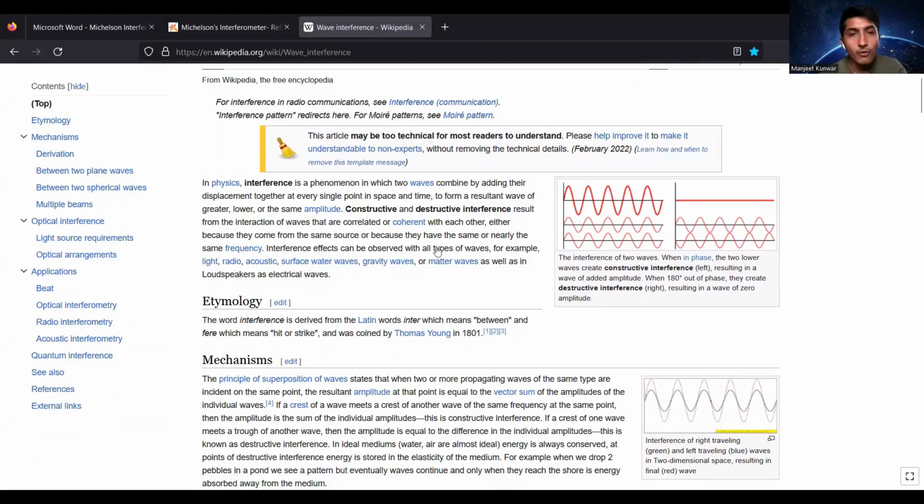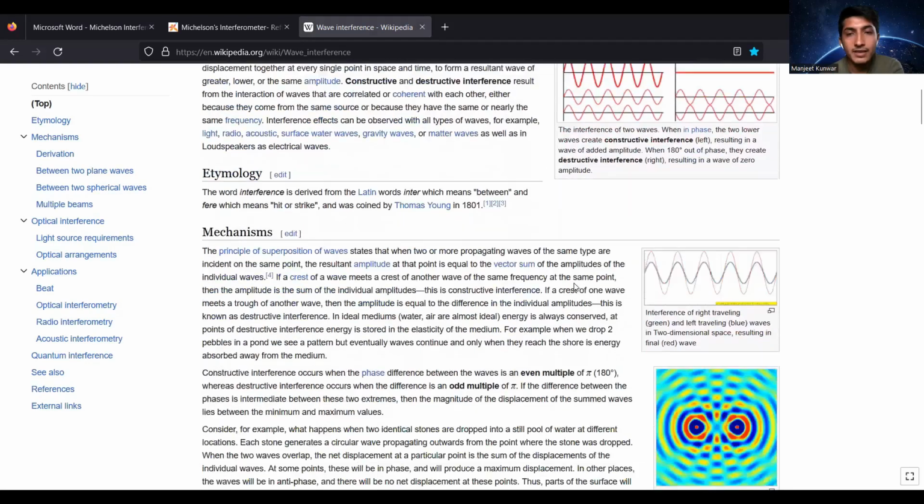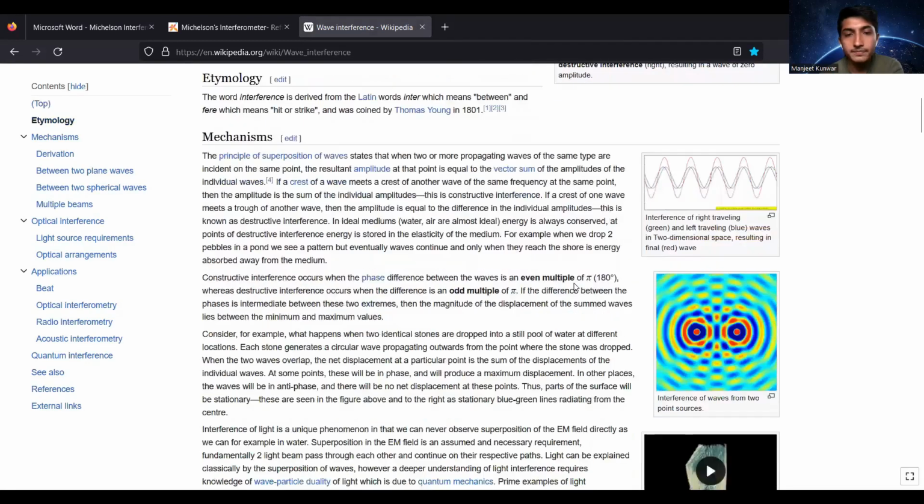When a crest and a trough meet, we have destructive interference. When the crest and crest of two waves meet, we have constructive interference, and this is the principle on which the Michelson interferometer works.